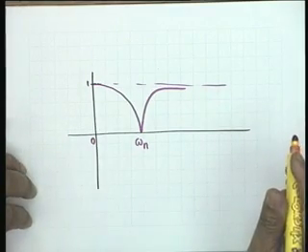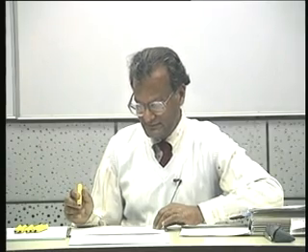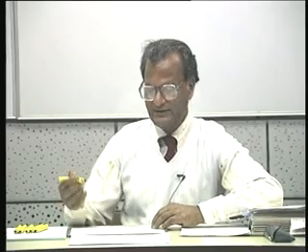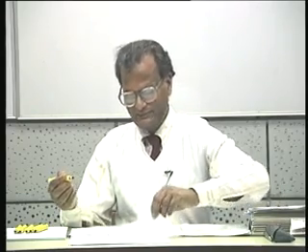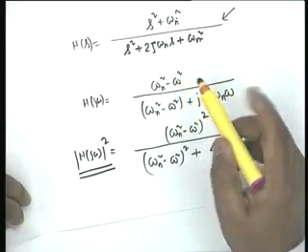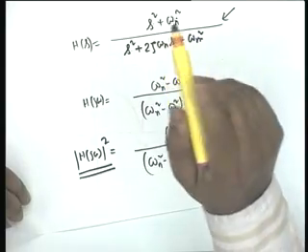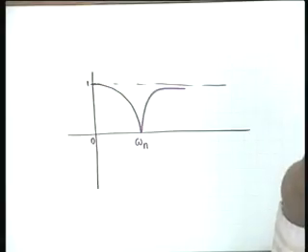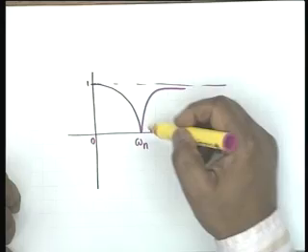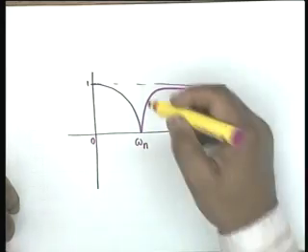Yes, any question? Is it differentiable at omega equal to omega n? No. There is a sign change, there is a discontinuity. You can see it from here, there is a phase discontinuity at this point. Okay? So it just comes like this and it goes like this. It's not a smooth curve.